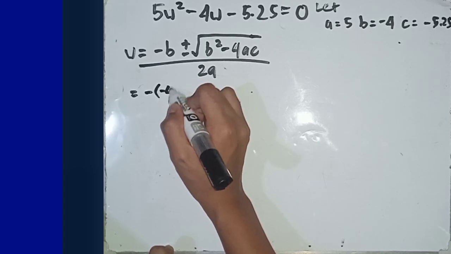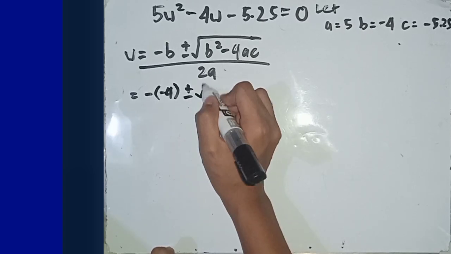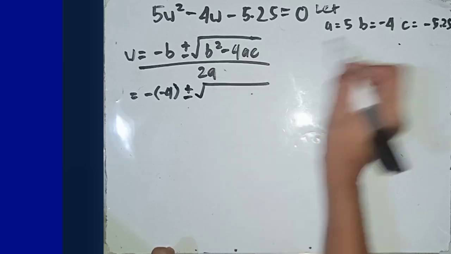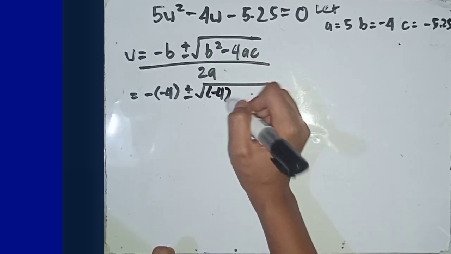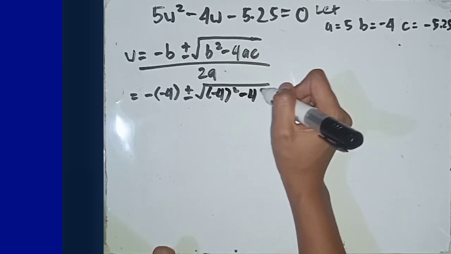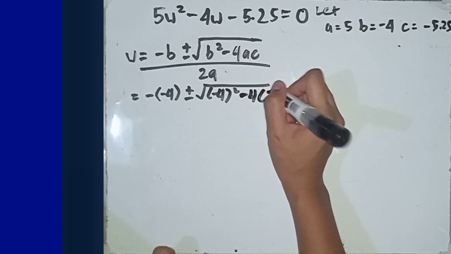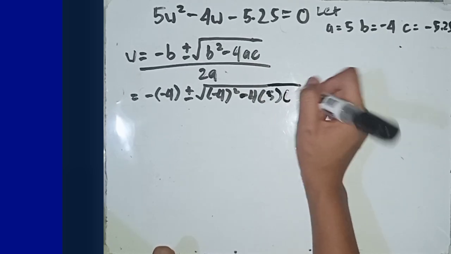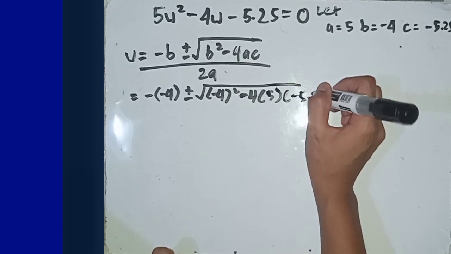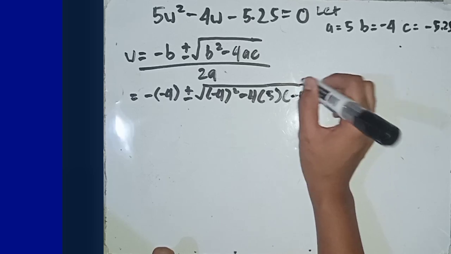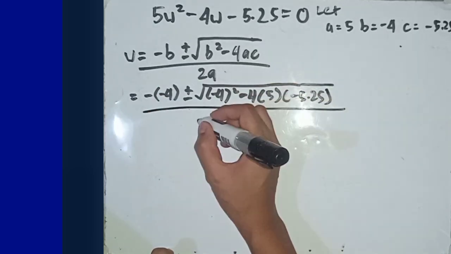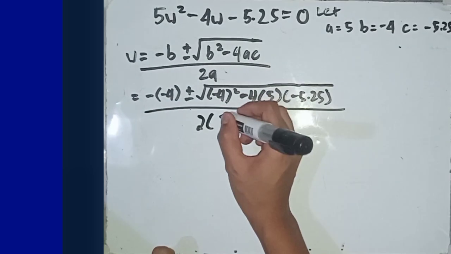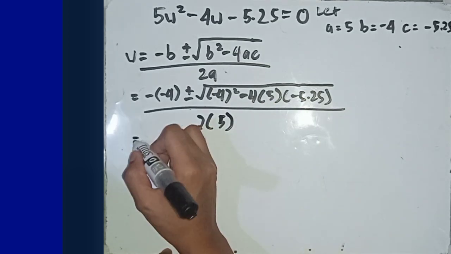So negative 4 plus or minus square root of negative 4 squared, minus 4 times A which is 5, and C which is negative 5.25, all over 2 times A which is 5.